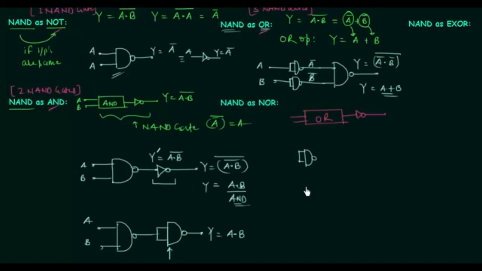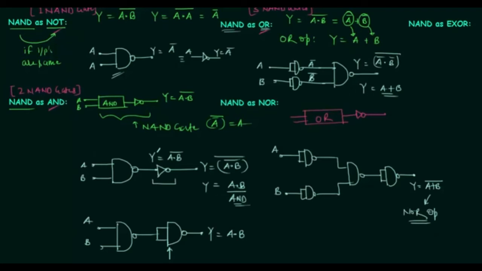First I will use 2 NAND gates acting as inverters. A, B are the 2 inputs. Then we will use another NAND gate whose output is equal to A or B, and then I will use another NAND gate working as an inverter, and the output Y is equal to (A or B) whole complement, and this is the NOR operation.